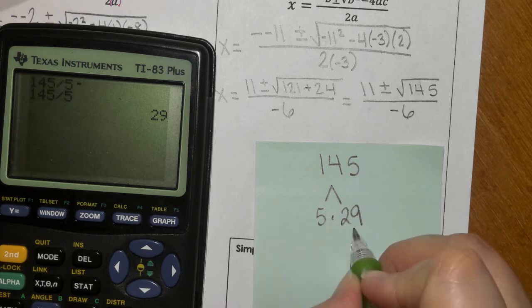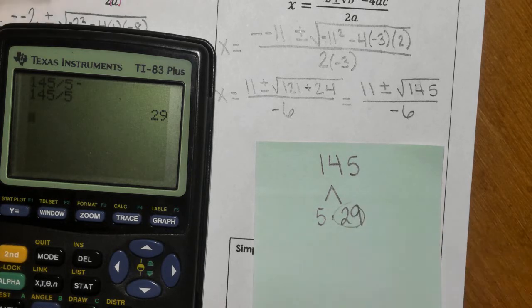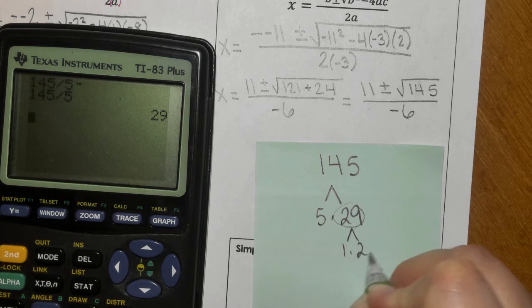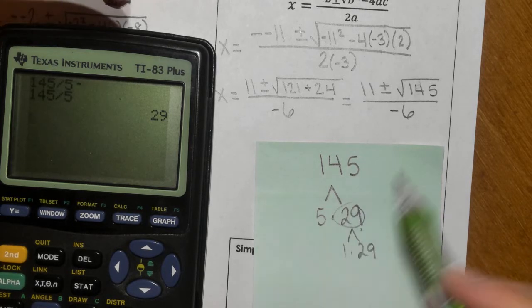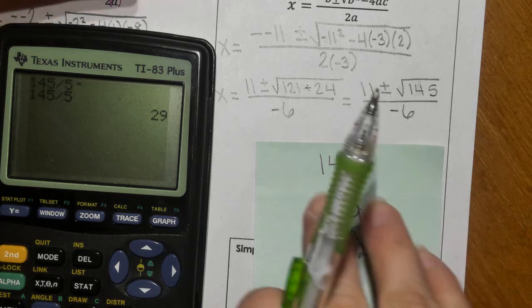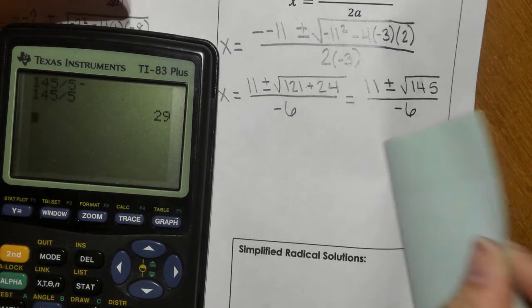But the problem is that 29 can't break down. It would just be 1 and 29, so we're still at 29. So this problem cannot simplify, which is kind of nice. We don't have to do any extra work.